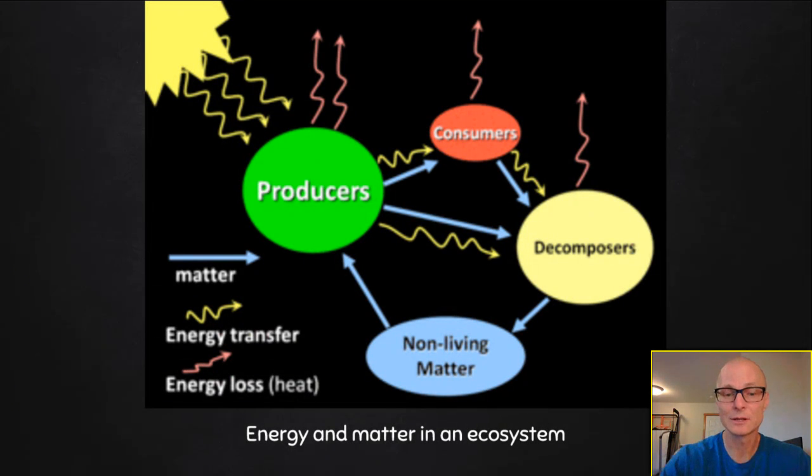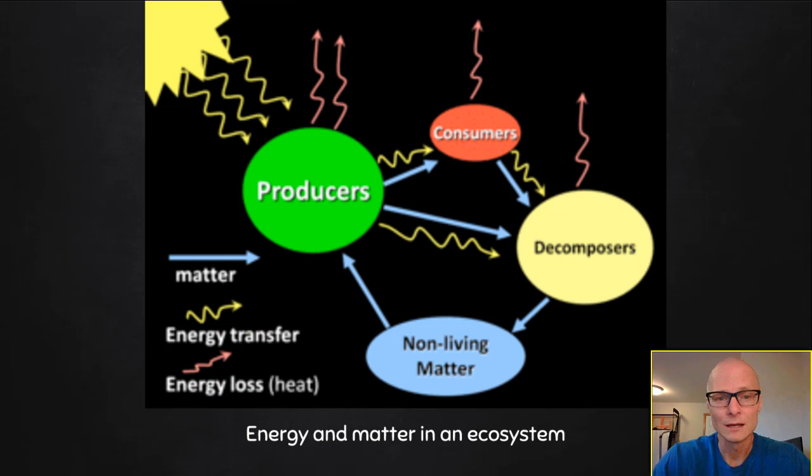So here's the slide we were talking about. In order to interpret this diagram, you need to notice first thing in the upper left, there's the sun radiating sunlight down onto the producers in the planet. And of course, producers are anything that can photosynthesize. So that green ball there, you'll see some red arrows coming off, releasing energy due to heat.